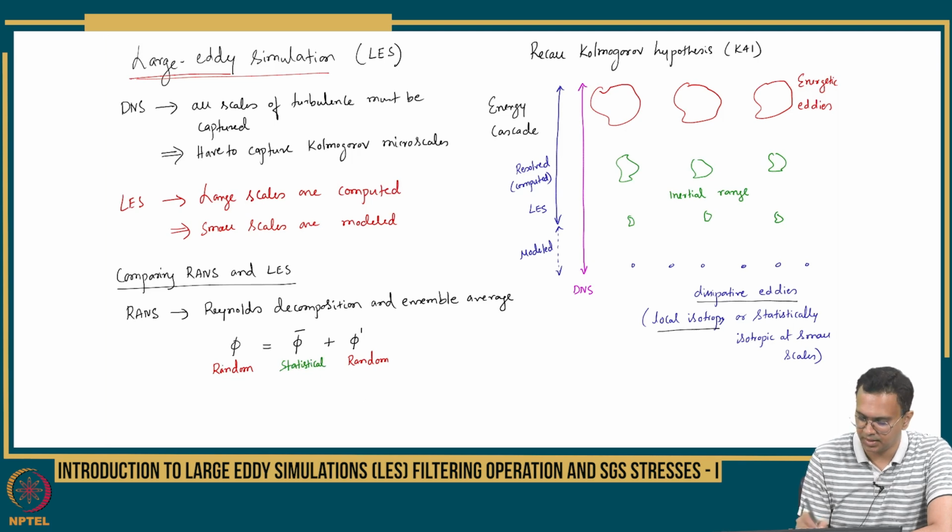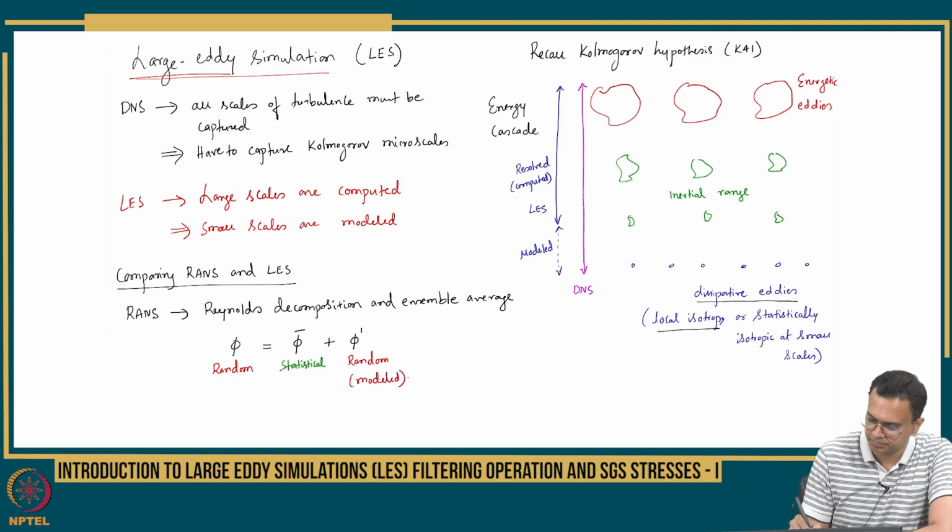So the randomness has been separated out, and the statistical part is what you are focusing on. In RANS, of course, you model phi prime, and the statistical part is computed.